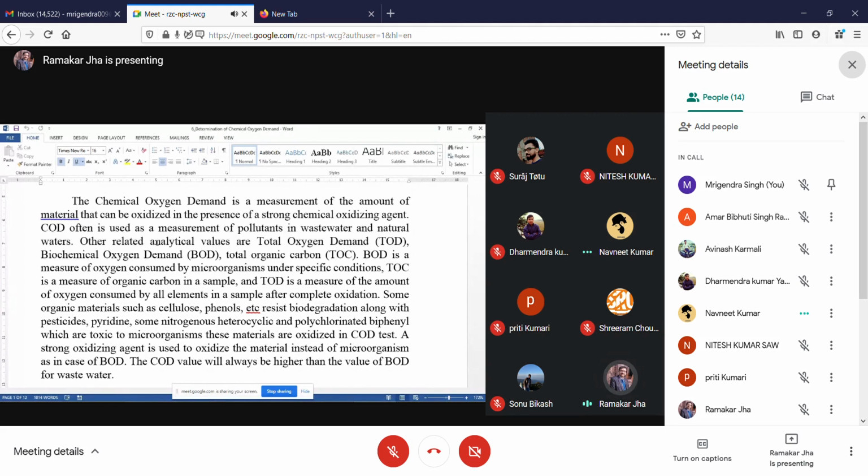So these chemicals are not oxidized by oxygen, and these are in the COD test only. So we are using some chemical oxidizing agent to oxidize these things.